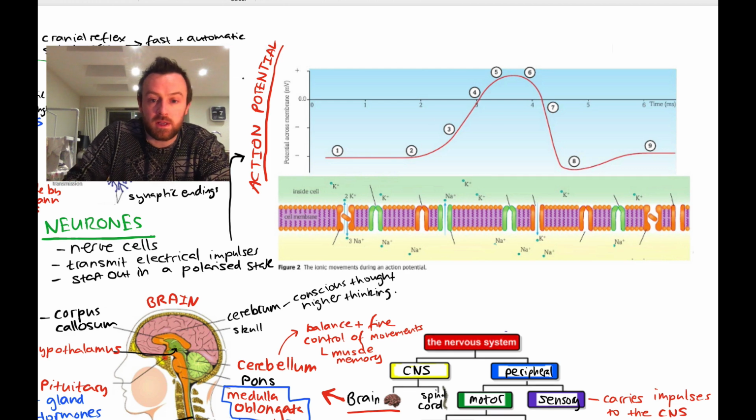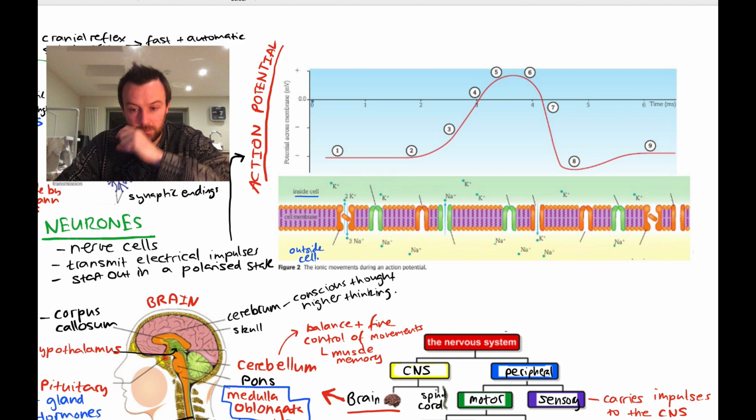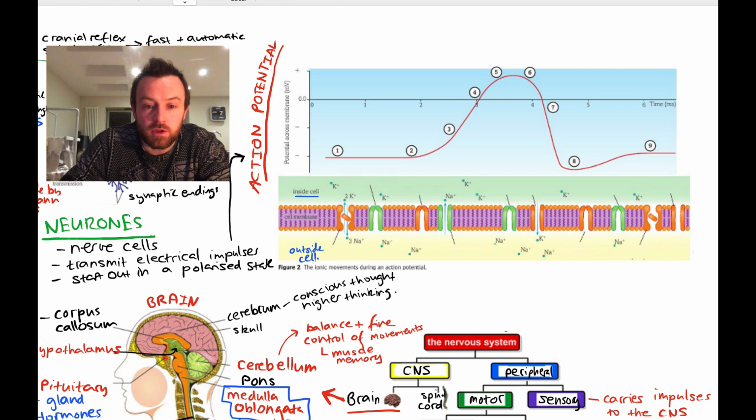So first of all, let's talk about what's going on at point 1. And on the diagram below, let's make sure we're aware that this is the inside of the cell and this is the outside of the cell. And then we will also use a bit of a color code for the different ions.